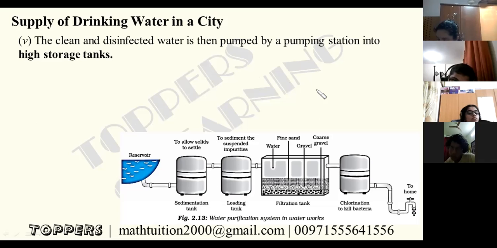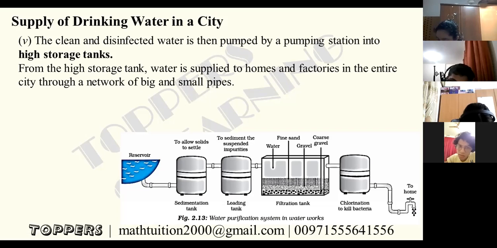The clean and disinfected water is then pumped by a pumping station into a high storage tank. From the high storage tank, water is supplied to homes and factories in the entire city through a network of big and small pipes. Fine. So this is what is called water works.